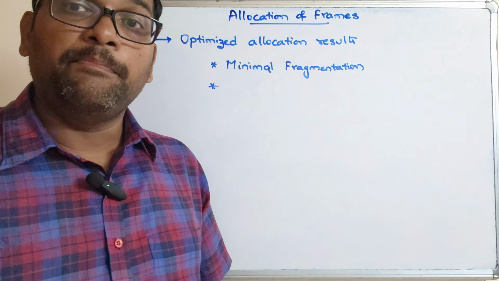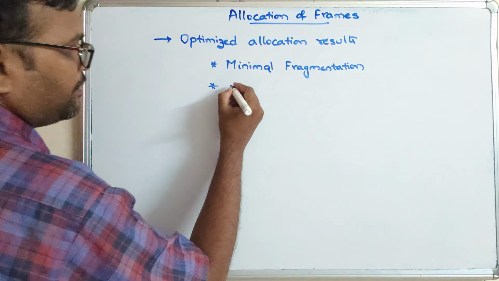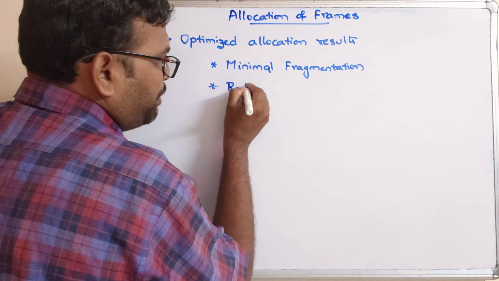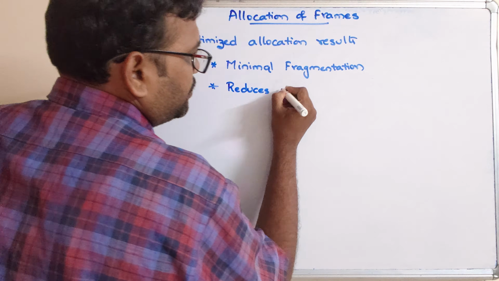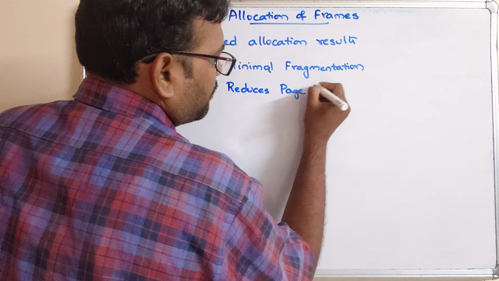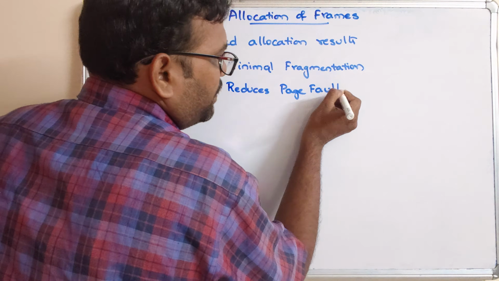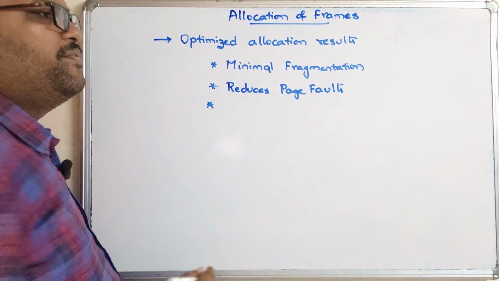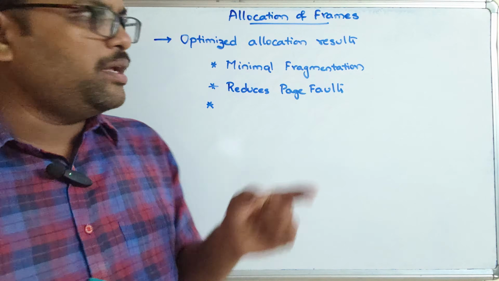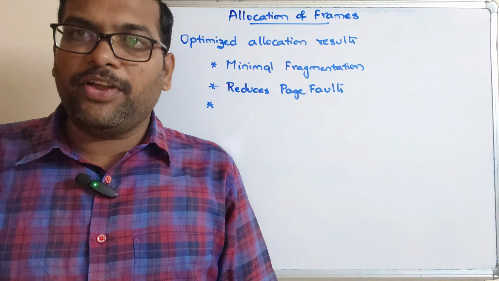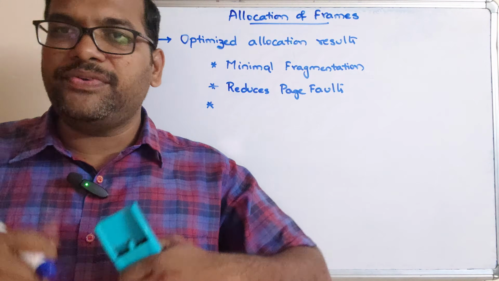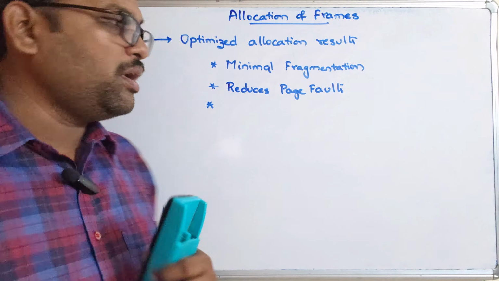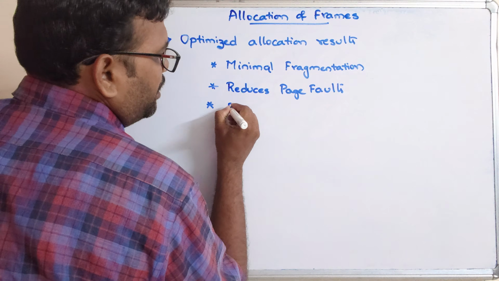So it reduces the page faults. If there is minimal fragmentation and fewer page faults, automatically the efficiency will be more, with efficient usage of memory.